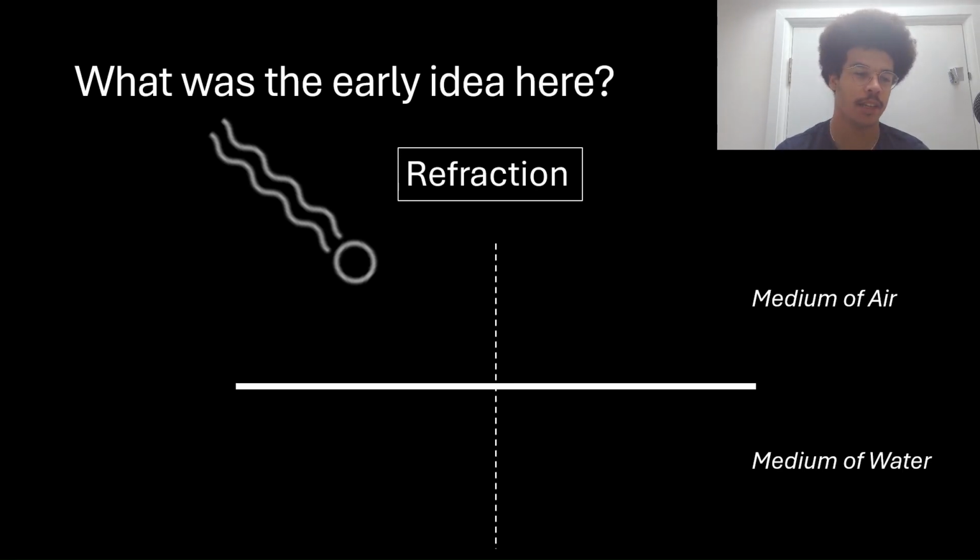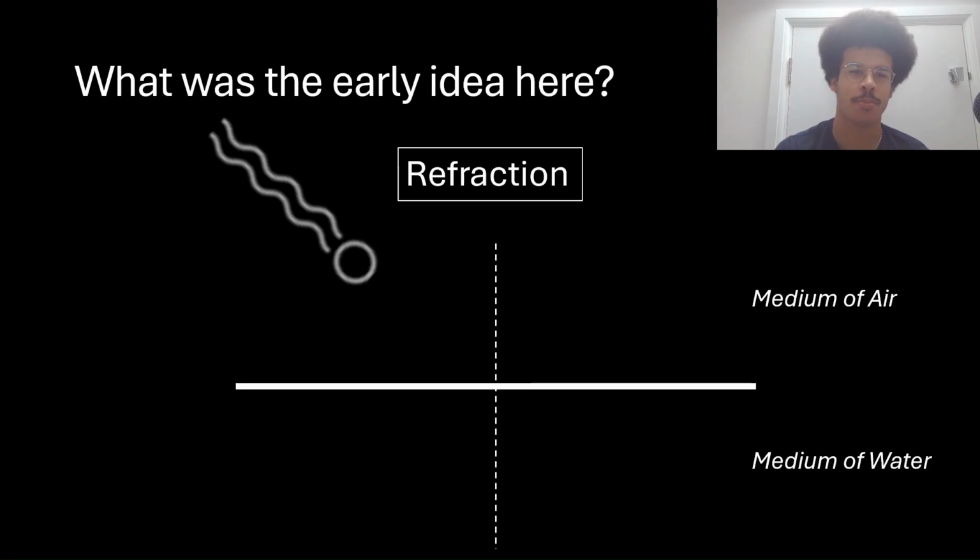This is a phenomenon that occurs when you have two different mediums, or two different materials, you can think of it like, and you have light that is leaving one and entering another. So think about it. If you have a fork or a spoon in a cup of water, you notice that the spoon is deformed and the handle kind of disconnects from where it is outside of the water.